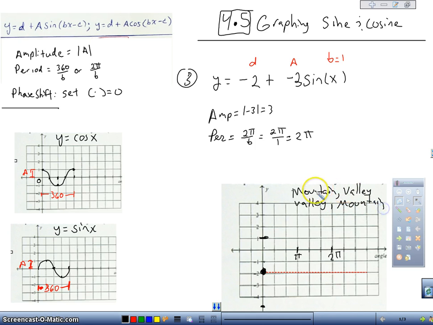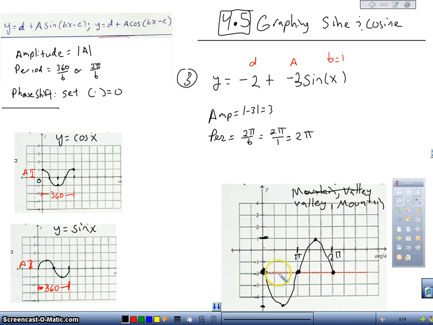So this is always going to happen when we have a negative coefficient here in front of sine or cosine. All right, so this is the middle and this is the end. And instead of going up for the mountain, we're going to go down here. One valley. And what used to be the valley is now going to be the mountain. And it's going to climb up 3, so all the way here. 1, 2, 3. And that's our mountain.